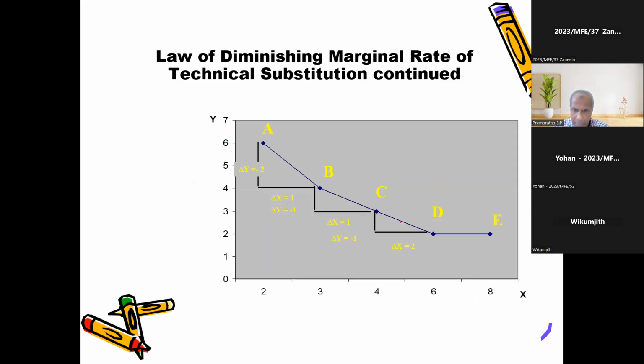And you can see here also that the reducing MRTS along the curve reflects the law of diminishing marginal return, what we learned in the short term. In the short term, we saw that the producers take the decision at the second stage.